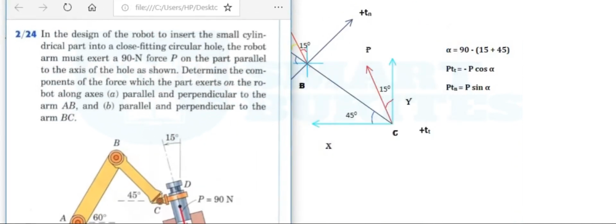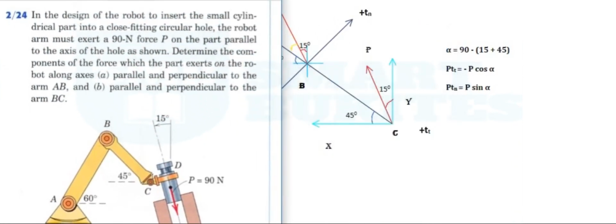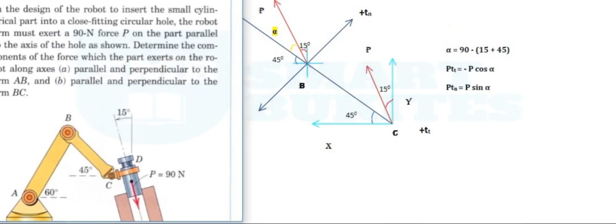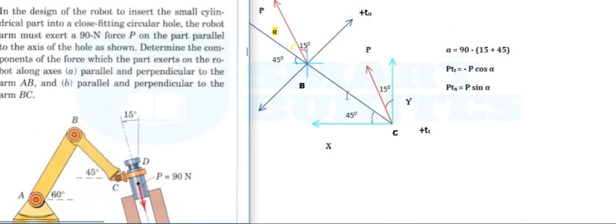So here we are. Our P was given as 90 newtons, right? This is a sketch of what this question is asking us. We can have an X and Y axis here where we can put in our given values. We're given 15 degrees as the angle between the force P and the y-axis, that is the vertical axis.